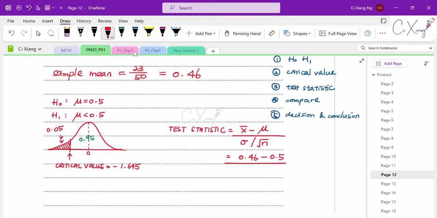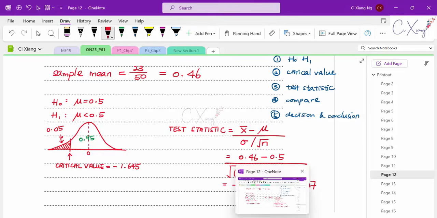So square root of (61 over 1225), divided by square root n, where n is the sample size, 50. If I calculate the Z value here, I should get 1.2675, or to 3 significant figures, negative 1.27. So this is our third step, calculating the test statistic.